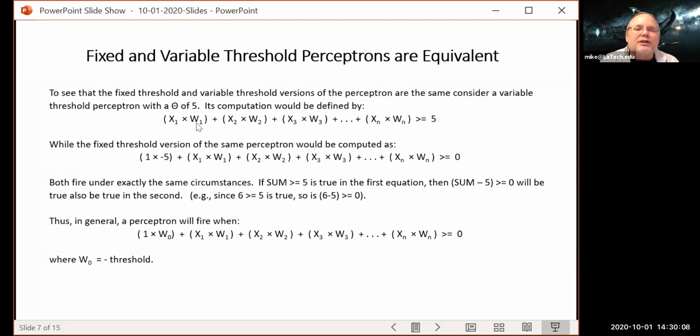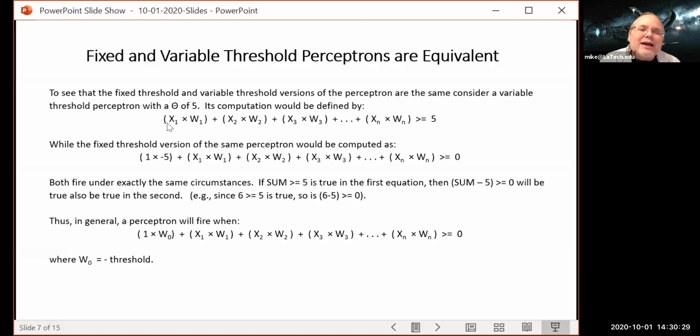I'm doing x sub 1 times weight sub 1, x sub 2 times weight sub 2, x sub 3 times weight sub 3, dot, dot, dot, x sub n times weight sub n. Add all those up. That's the weighted sum of my inputs. Compare it to 5, that's my theta value. If it's greater than or equal to 5, fire.